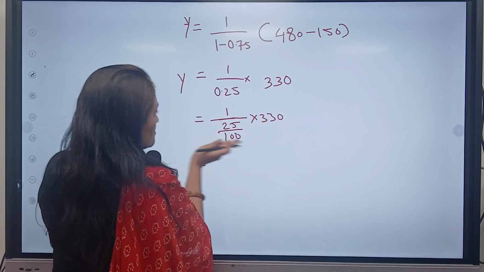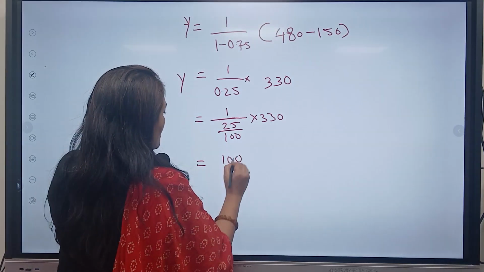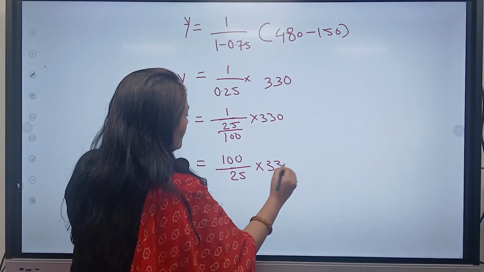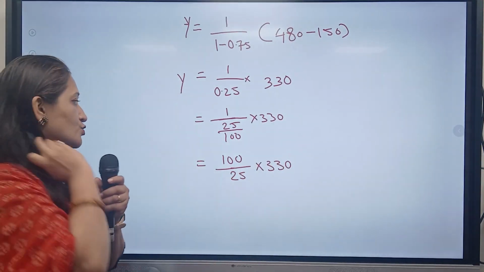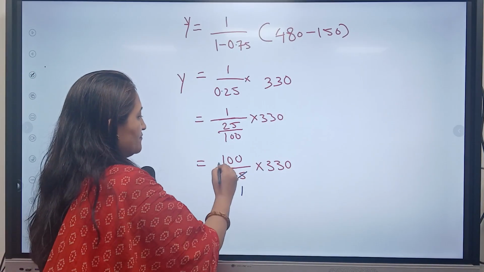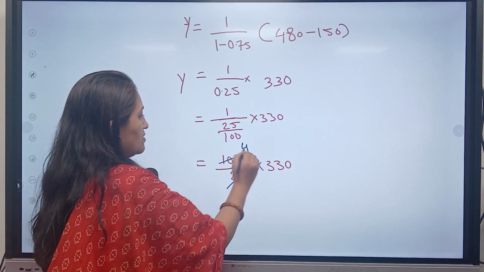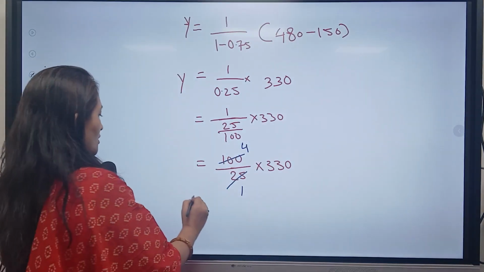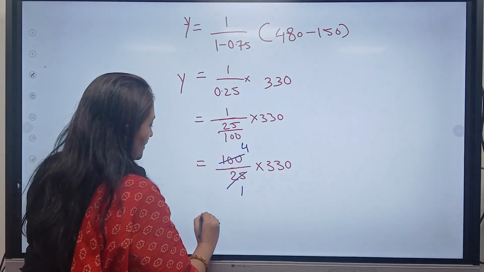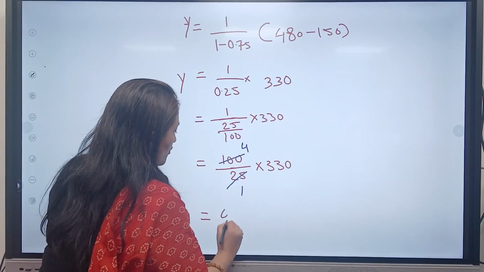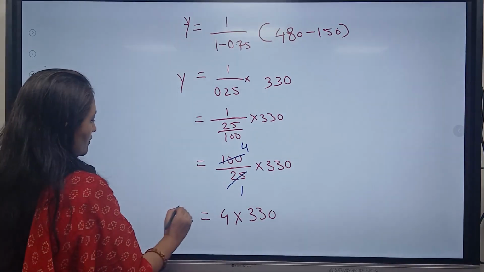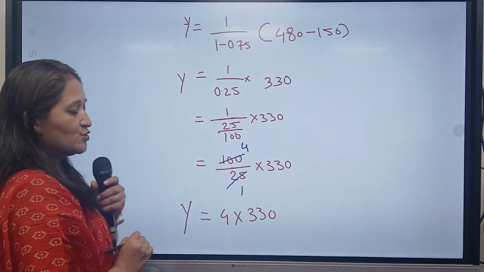So this becomes reverse: 100 upon 25 into 330. 25 ones are 25, 25 fours are 100. So we get the answer 4 into 330. That will be the final answer for Y.